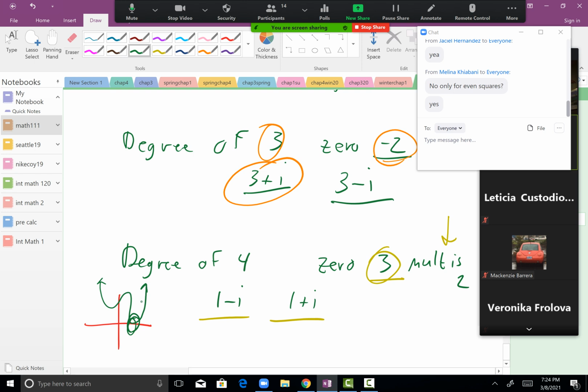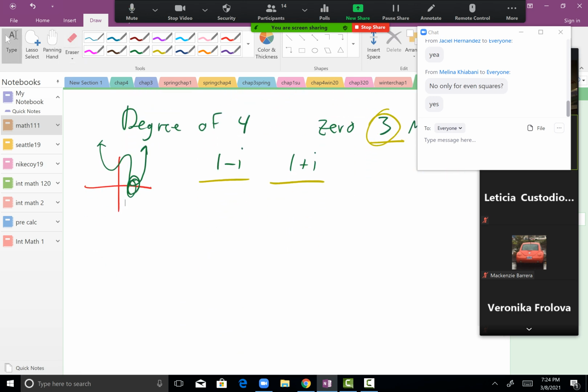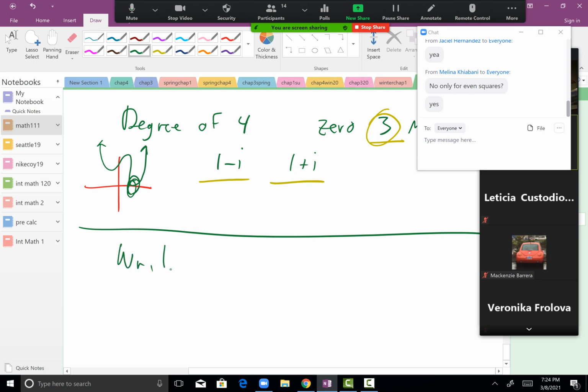Now the next thing that they're going to ask you to do is actually write a polynomial. So we're going to write a polynomial with zeros of, and then we'll go ahead and do it.